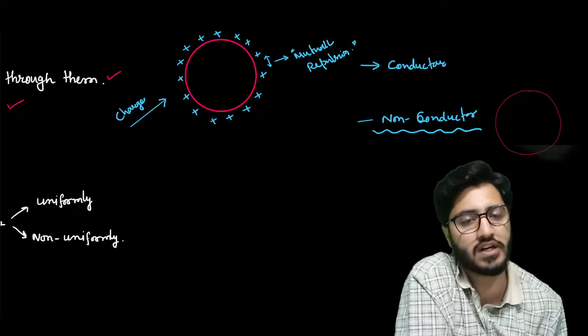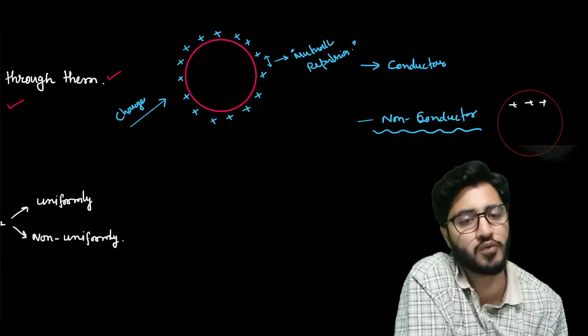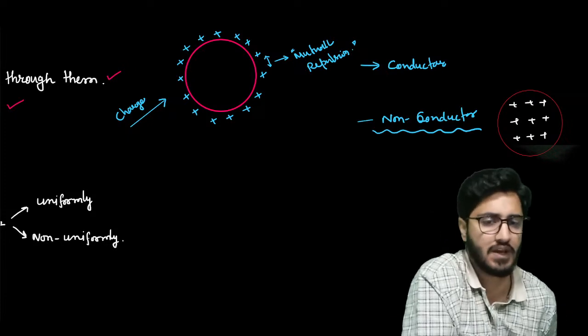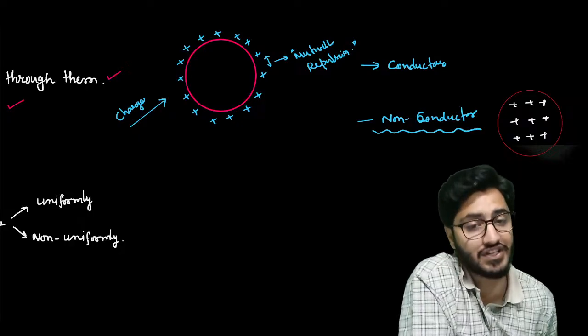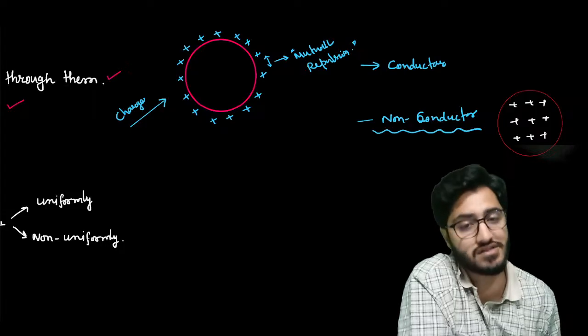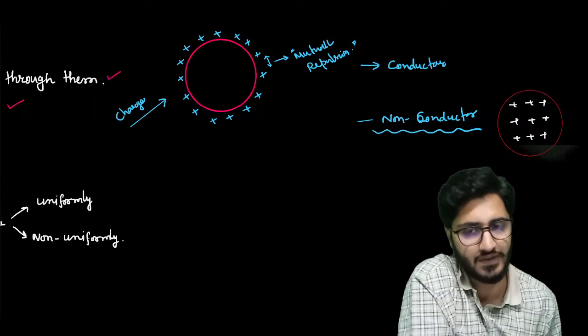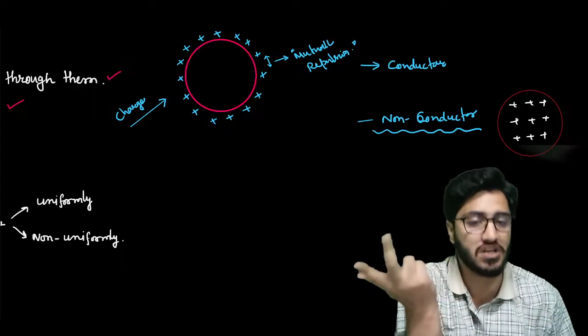If this is my non-conductor, my charge will be present throughout the volume, uniformly or non-uniformly. I guess we had a discussion on it, no? When we were discussing the charge distribution of multiple types of spheres, there we have hollow, we have shell.